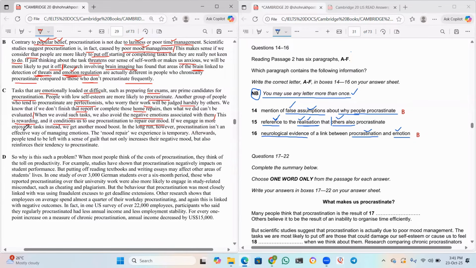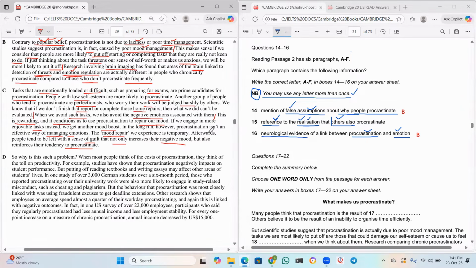If we engage in more enjoyable tasks instead, we get another mood boost. In the long run, however, procrastination isn't an effective way of managing emotions. The mood repair we experience is temporary. Afterwards, people tend to be left with a sense of guilt that not only increases their negative mood but also reinforces their tendency to procrastinate.